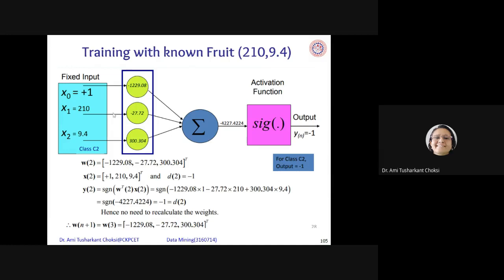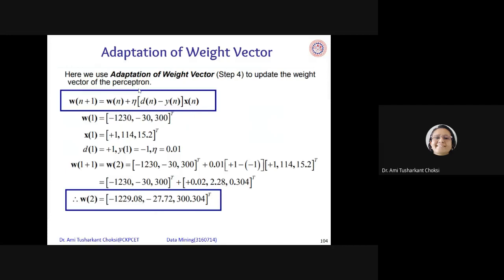Okay, let's represent that in the figure. X0 is plus 1, the fixed input. X1 is 210, this known fruit. X2 is 9.4. Now, what is this? This is the bias, adjusted.